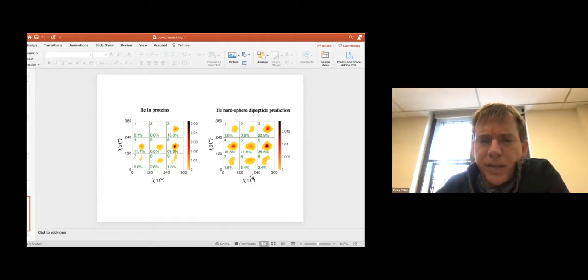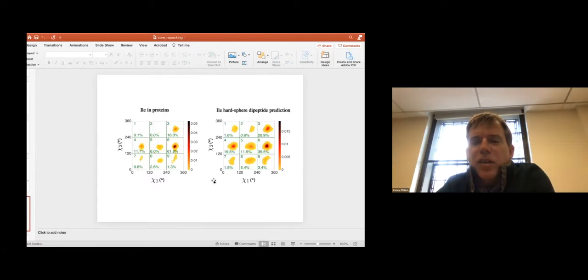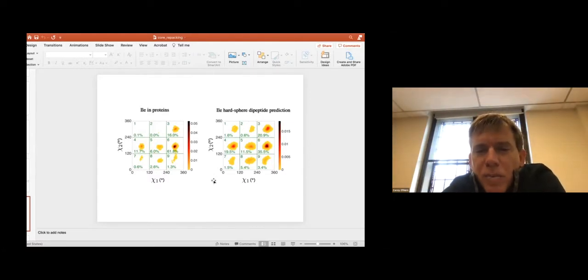And then the right plot is the result of varying the atomic sizes and picking the sizes that reconstruct the rotamers. And you see that they do pick out the general features of the rotamers, but they don't get the probabilities in each bin correctly.